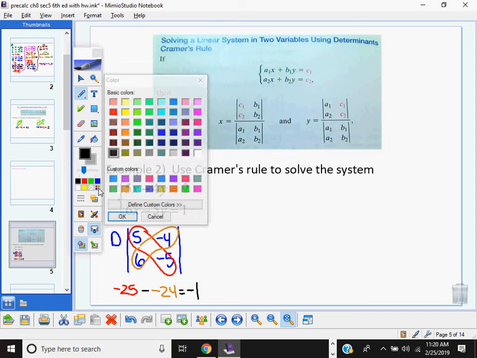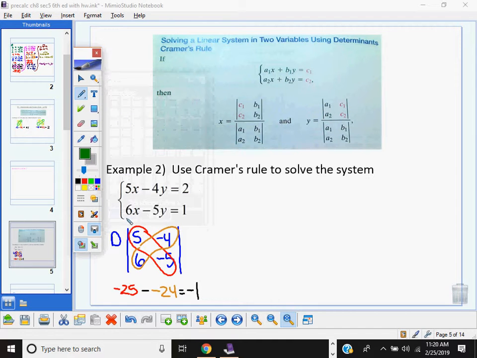Now let's do the determinant for the x. So I'm going to come up here and I'm going to call this dx. Now instead of my x's, I'm going to put my answers in the x column. So it's going to be 2, 1, and then I use my -4, -5.